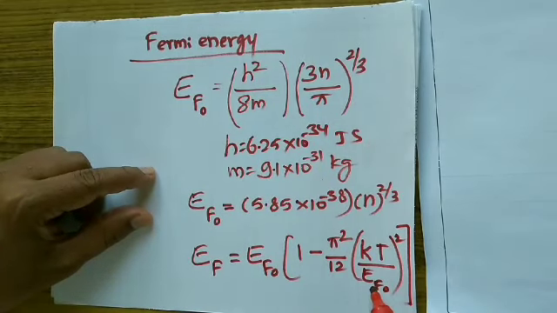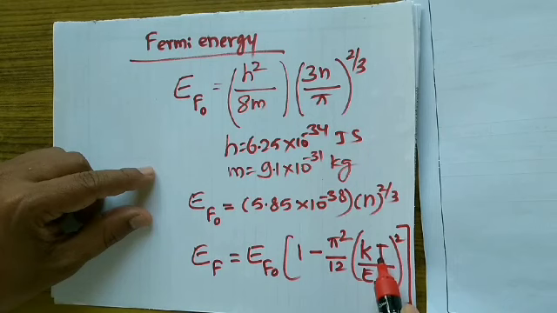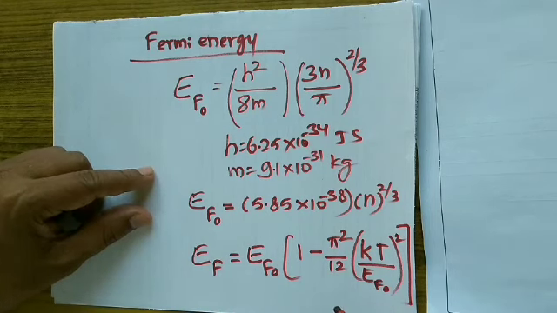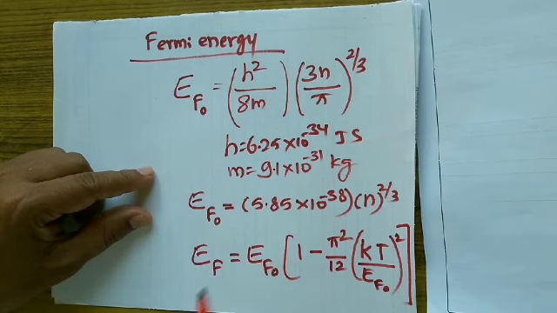Here EF naught is the Fermi energy at 0 degree absolute temperature, T is the temperature at which this Fermi energy is measured, and k is the Boltzmann constant. This equation suggests that the Fermi energy is not the same at all temperatures, and this decreases with increasing temperature.